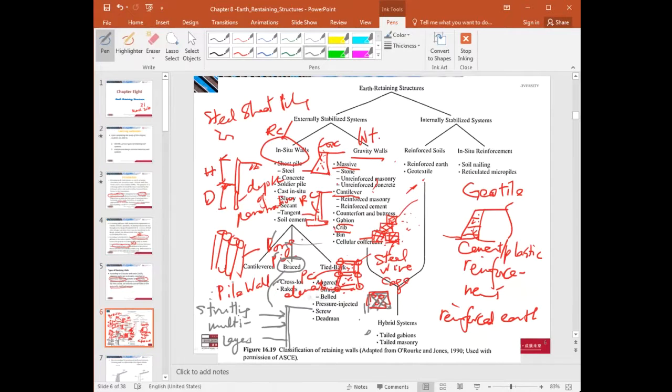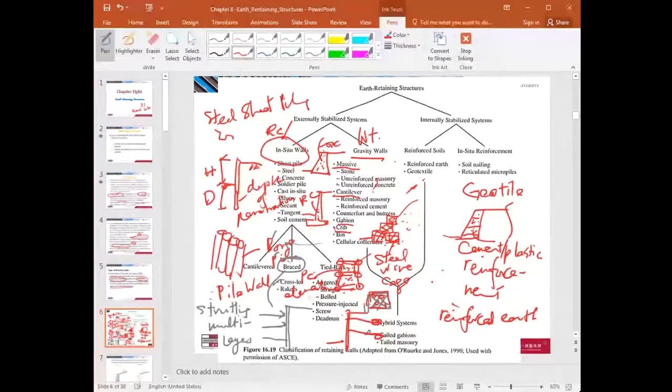You have the cantilever construction, you have the braced construction, or sometimes you have the tie-back system. You know what's the tie-back? If that is the retaining wall, a sheet pile wall, then you have the tie-back in multi-layers. This also will arrest or hold up the movement of the cantilever retaining wall.